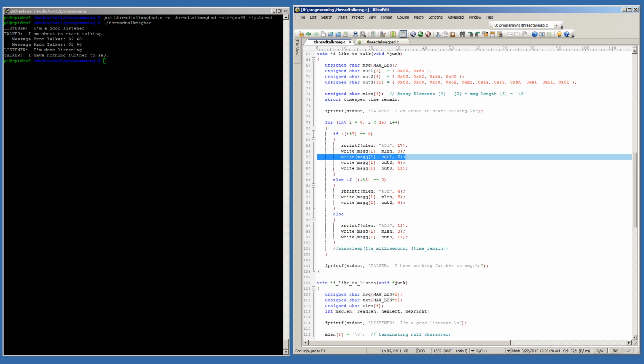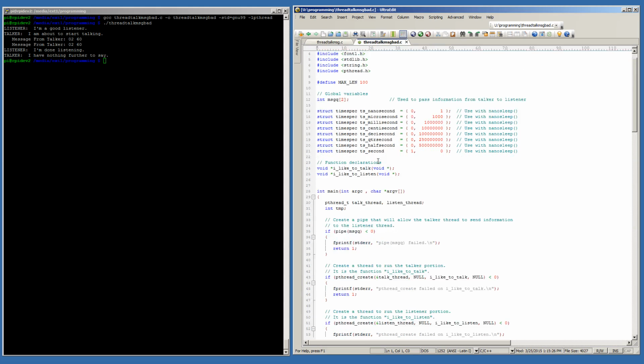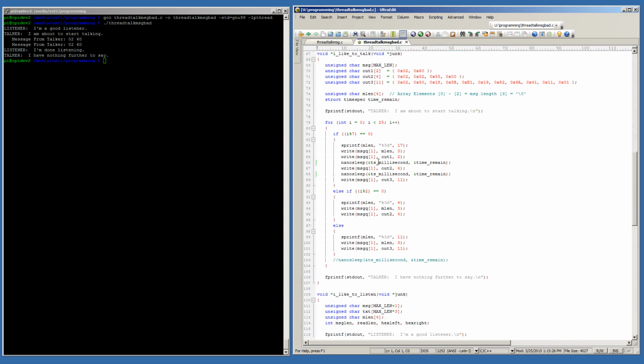And to simulate the problem, I'm going to basically save this program, and I have a new copy of it called ThreadTalk Message Bad, in which I'm introducing a 1 millisecond pause after these two characters are written to the pipe, and then another pause after these four characters are written to the pipe.